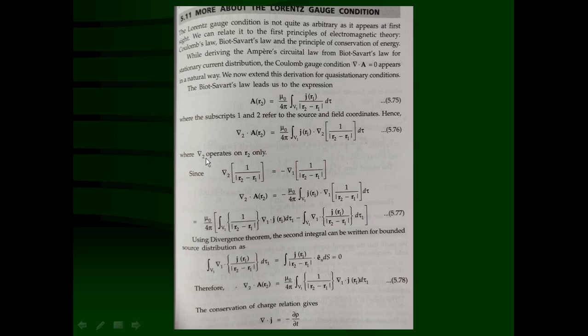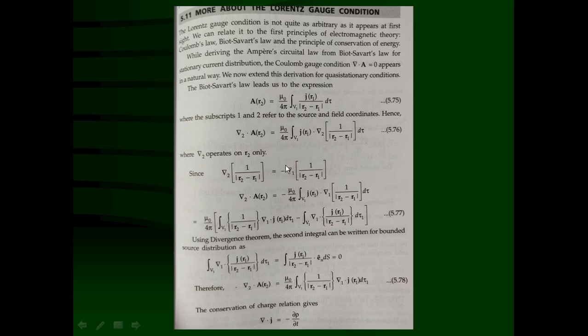Here we operate del 2 on vector R2 only. Now, what is the relationship between del 1 and del 2? When it is operating on R2, it is positive, but when del 1 is operating on R2, it becomes negative. So the gradient del 2 of 1 upon modulus of R2 minus R1 is equal to minus the gradient del 1 of 1 upon modulus of R2 minus R1.